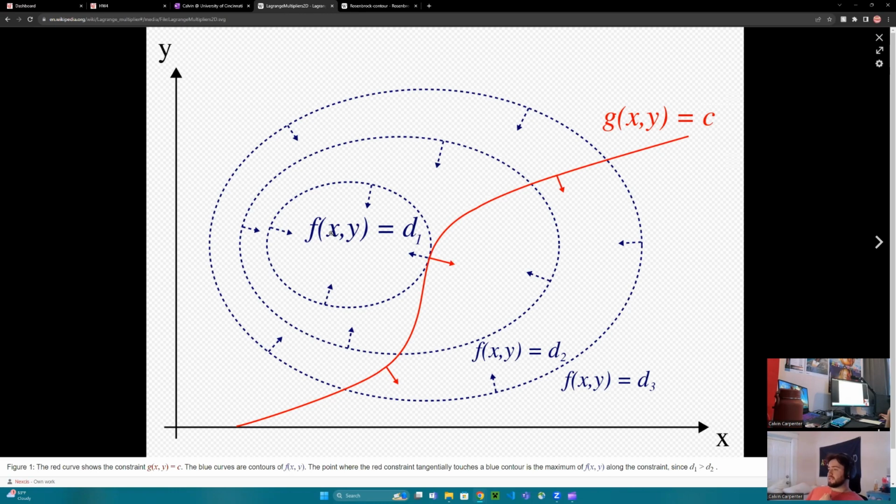And as you can see, at this point right here, this is the only point where the gradients are collinear between the function and the constraint. And so it can be defined that at this point is where we will find our minimum for f of x.